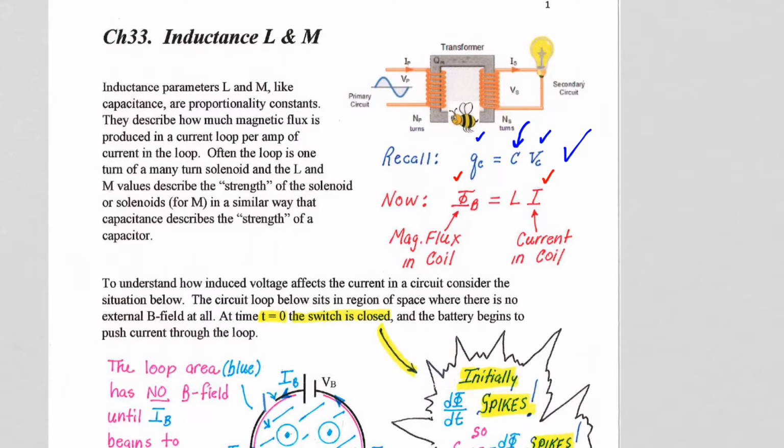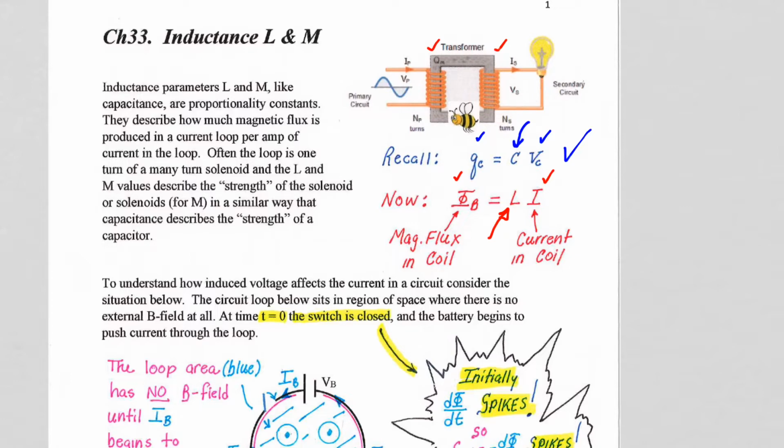So the magnetic flux through the coil will be directly proportional to the current, and we're going to introduce the proportionality constant, which we call L, for that coil itself. Therefore, that's a self-inductance. The mutual inductance will be a situation like we have up here, where we have two coils, and they will mutually affect each other, but we'll get to that later in this chapter.